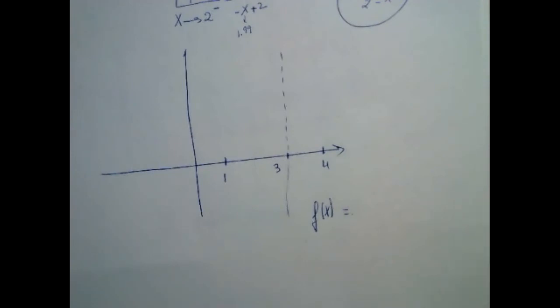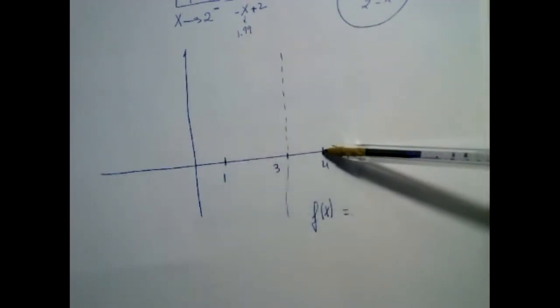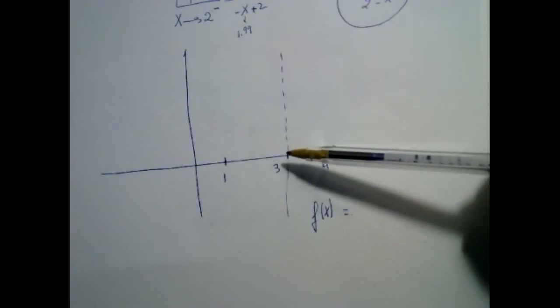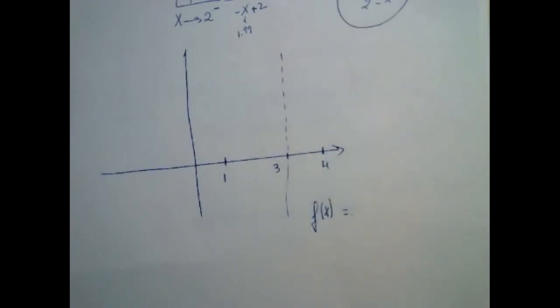Okay, who can give me an example where the function behaves nicely everywhere, but it has an issue at one point? It's not hard. Come up with an idea.